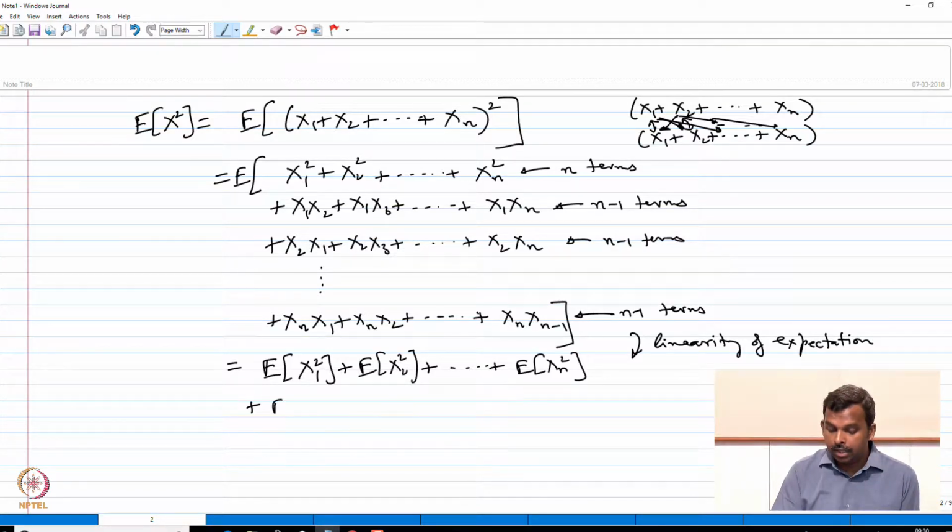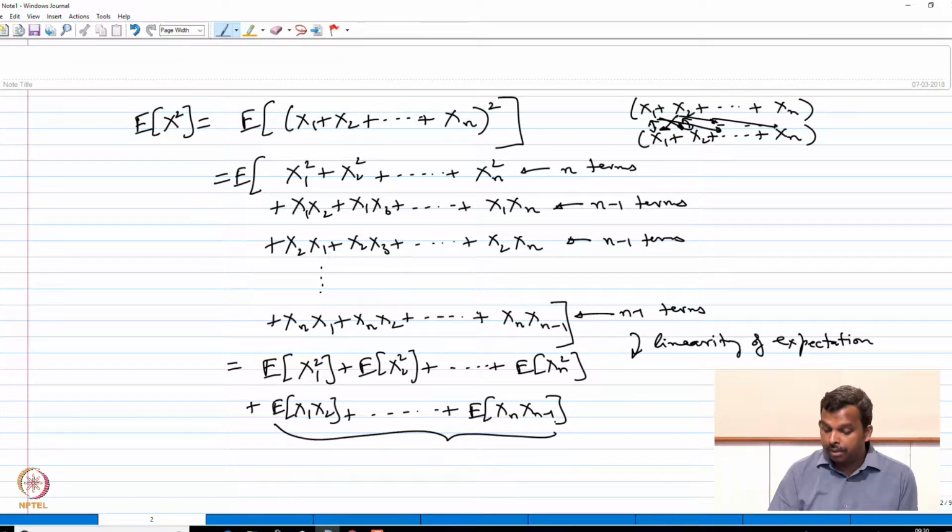And then you have all these terms x1 x2 plus dot dot dot, all the way down to the last term, which is xn x(n minus 1). How many such terms do I have here? So here I have n terms. Here I have n times (n minus 1) terms.